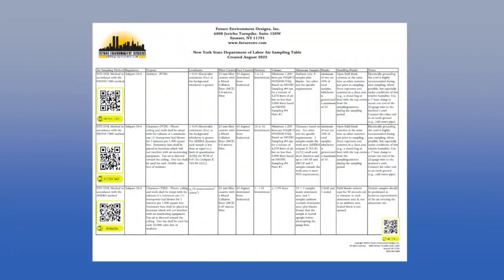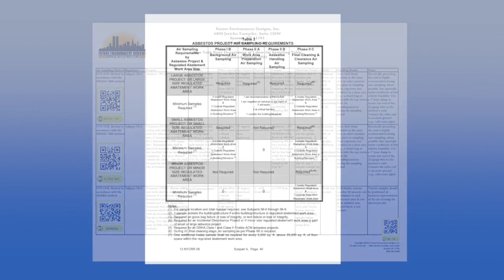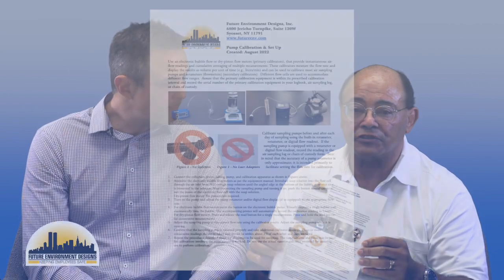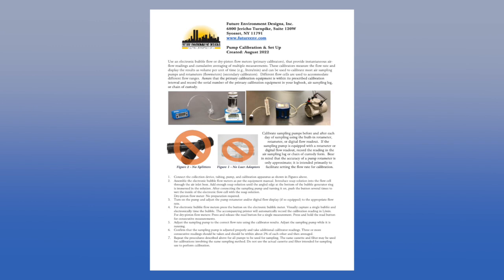Great. And Future Environment Designs has also created some charts. These flow charts incorporate the regulations. They give you the regulations, the flow rates, what's required, the volumes and everything like that. The other side sets up how you're supposed to set everything up and calibrate things.